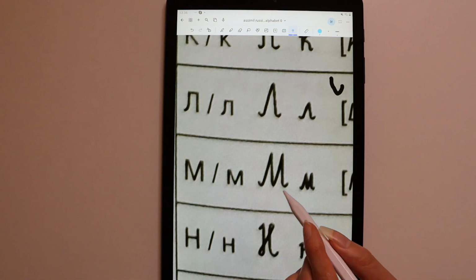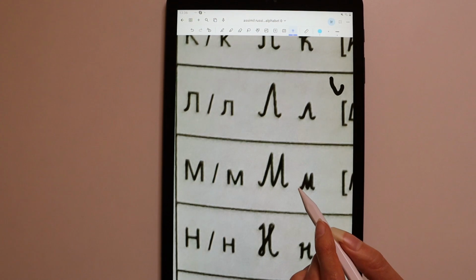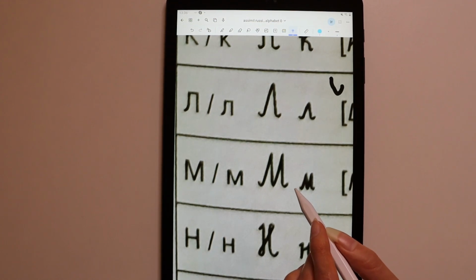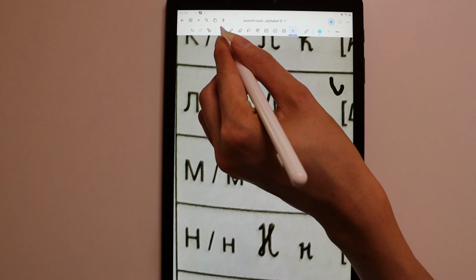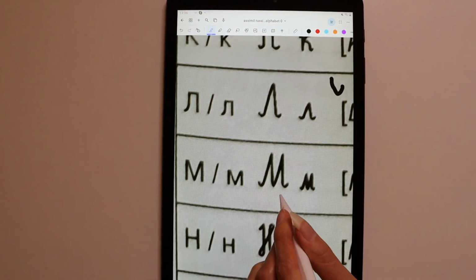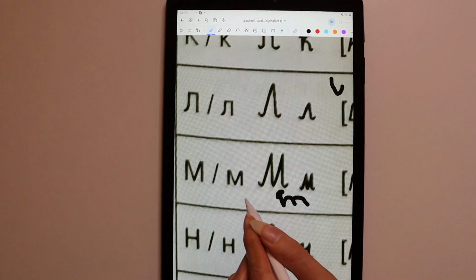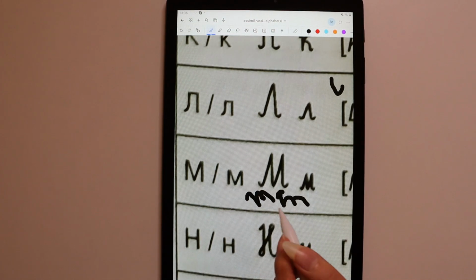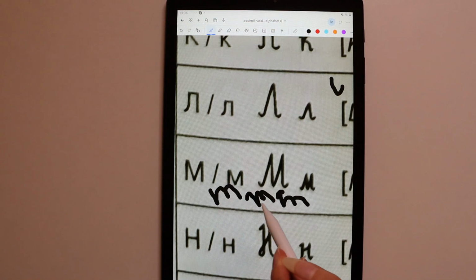When I went to school and I learned the Latin cursive alphabet, I don't know if this is the same for all the languages that use the Latin alphabet, but we learned the small m like this in the cursive, and also in general the small m is like this when you write, but this is not the small m in Russian.